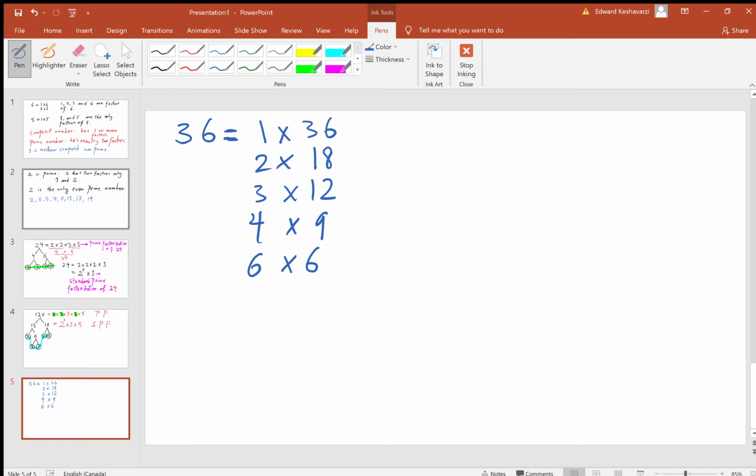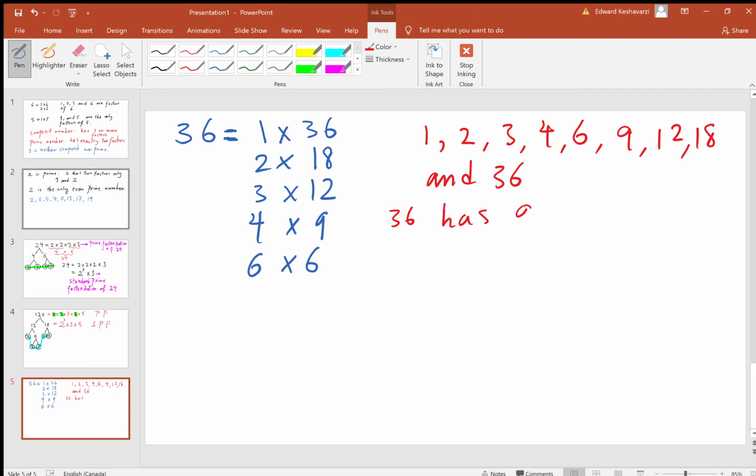Therefore, the factors of 36 are 1, 2, 3, 4, 6, 9, 12, 18, and 36. So if you count these numbers, there are 9 of them. So 36 has 9 factors.